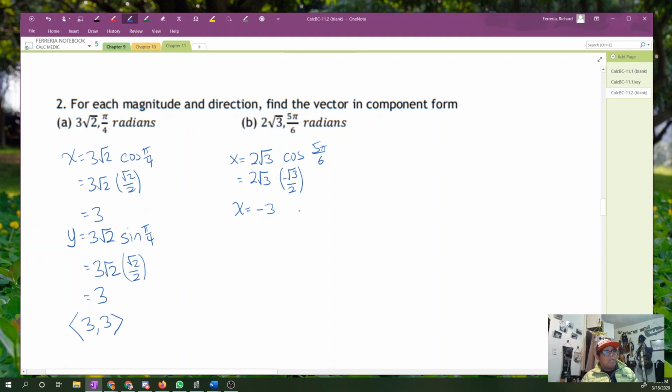The y component is going to be a similar formula: 2 rad 3 multiplied by the sine of 5 pi over 6. Well, that's just going to be the pair to negative root 3 over 2, which is 1/2. Again, we're in quadrant 2, so my y-coordinate should be positive. So what does this multiply to make? Well, that just multiplies to make rad 3.